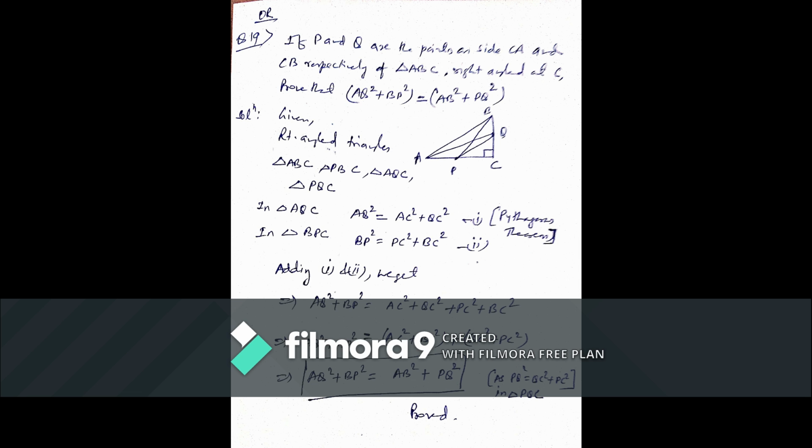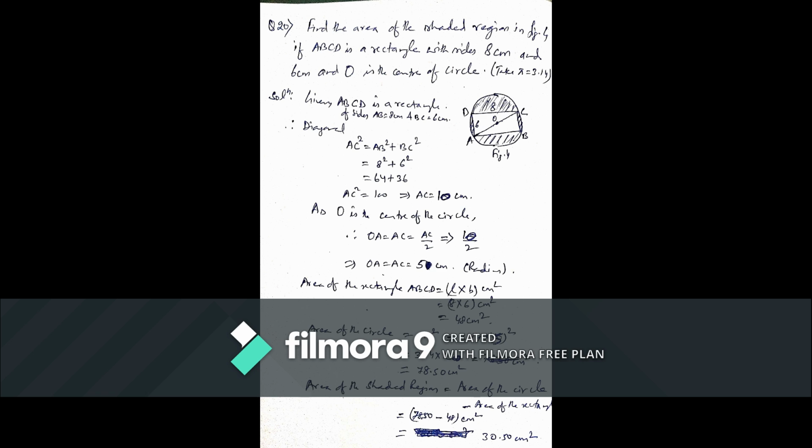Okay, so now we will be moving to the next question, question number 20. This question is from circle. It asks us to find the area in centimeter, and O is the center of the circle.